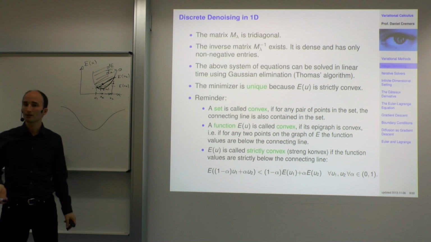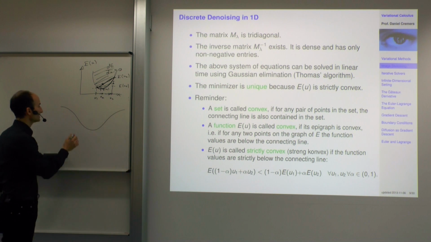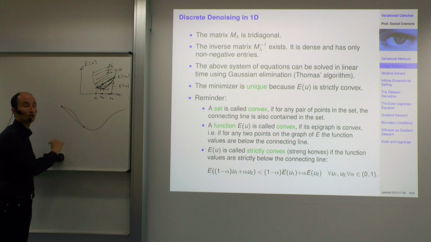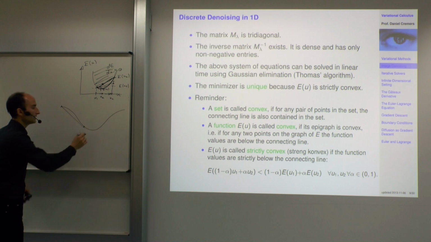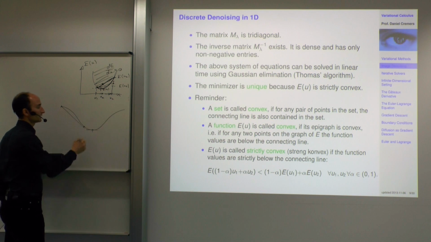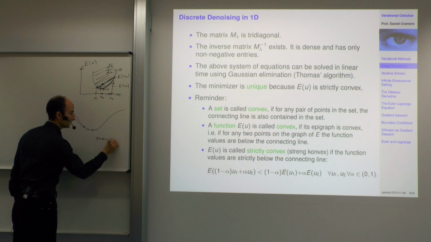It has a unique minimum. It's not convex though, because if you take any two points here, the connecting line is actually below the curve. So it's not a convex cost function. Nevertheless, it has a unique minimum. This class of cost functions is called quasi-convex.